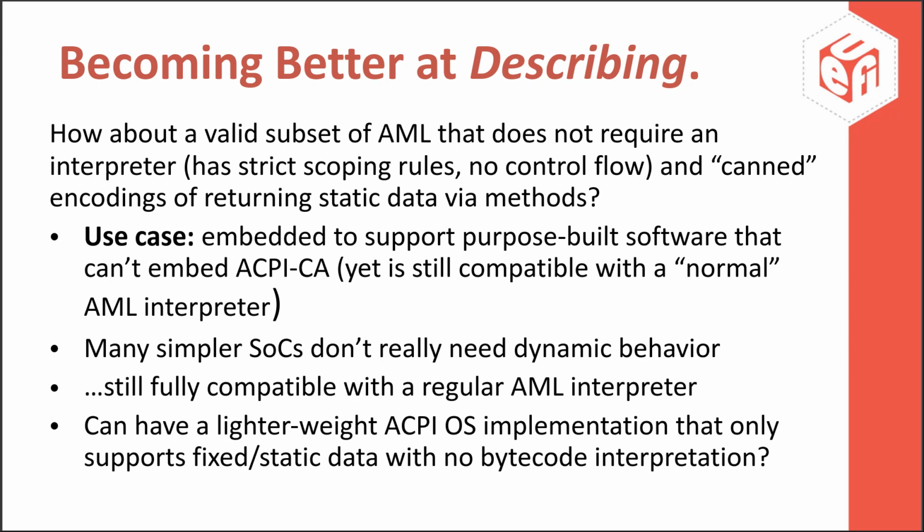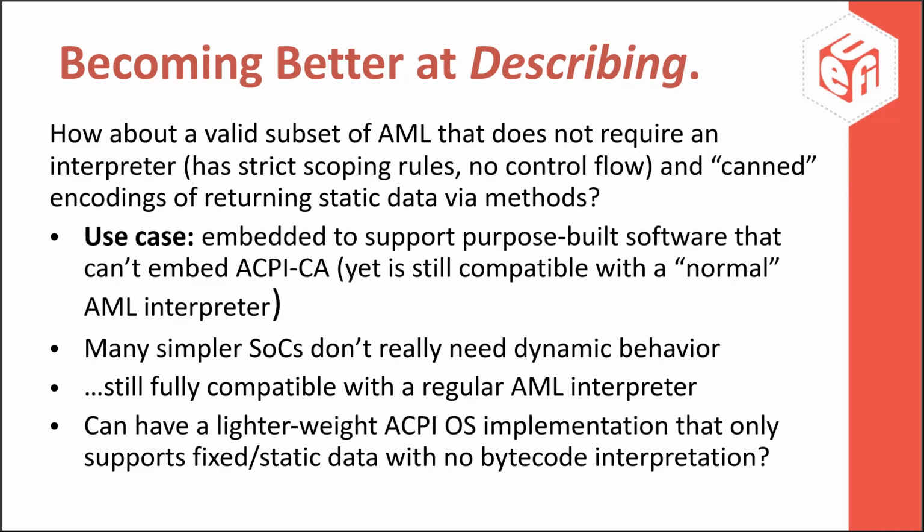Okay, now here's where I can put on my what-if hat. What if there was a valid subset of AML that did not require a proper interpreter? So you had strict rules over how, for example, methods returning resource data were formed, which I would call canned encodings.